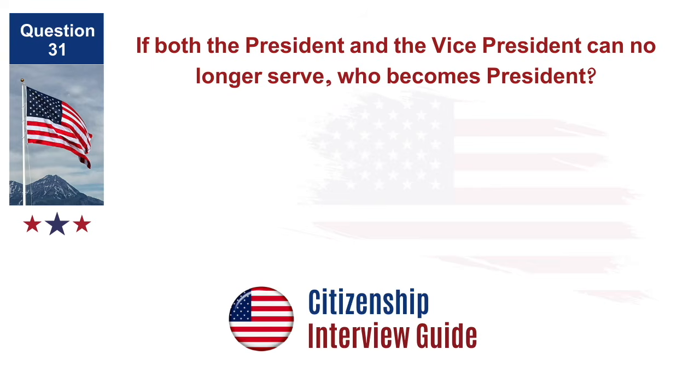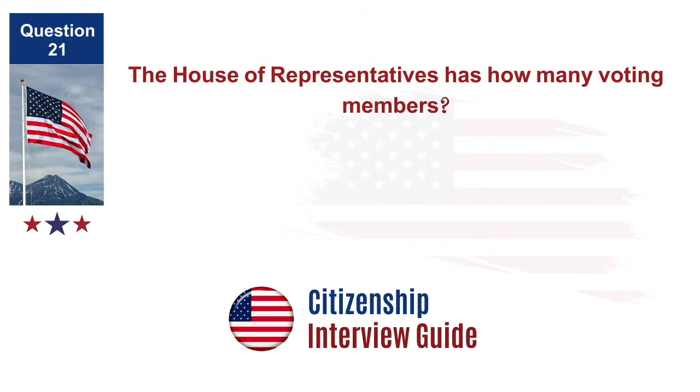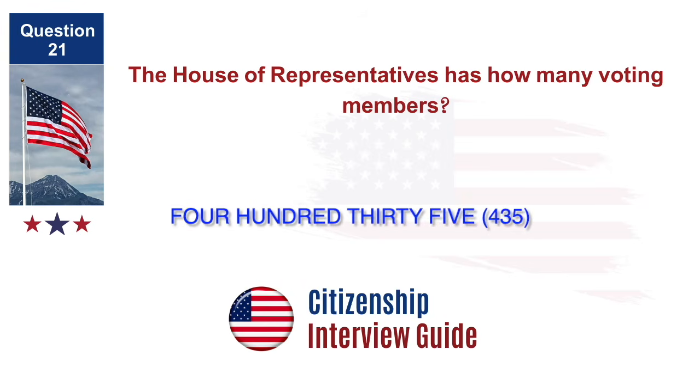If both the president and the vice president can no longer serve, who becomes president? The Speaker of the House. The House of Representatives has how many voting members? 435.